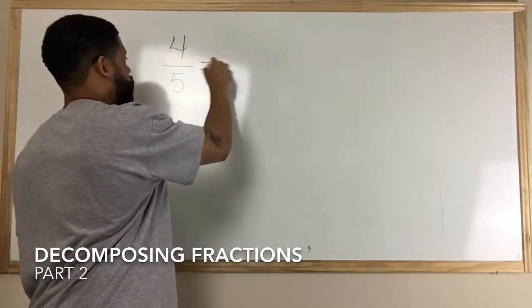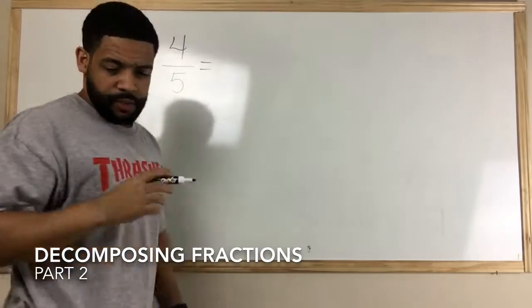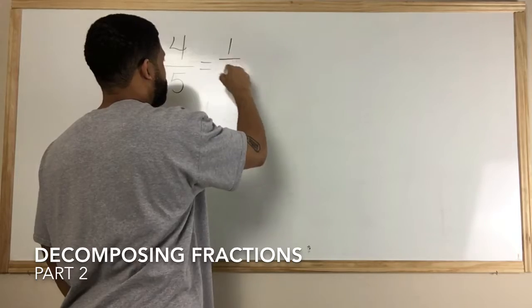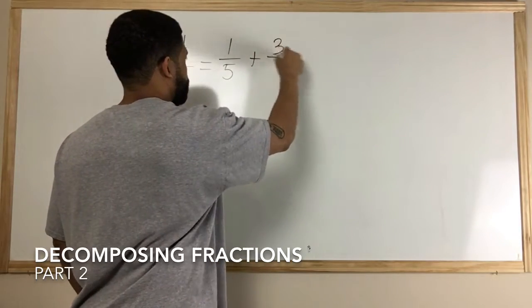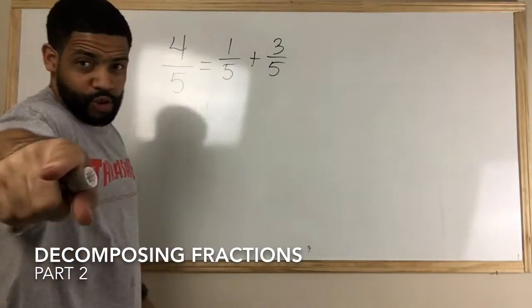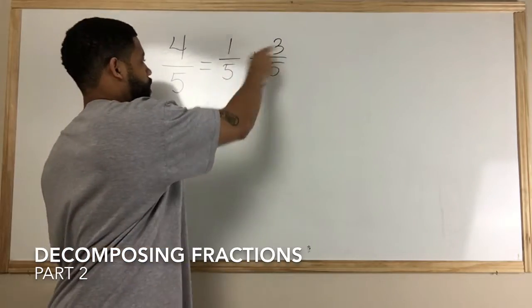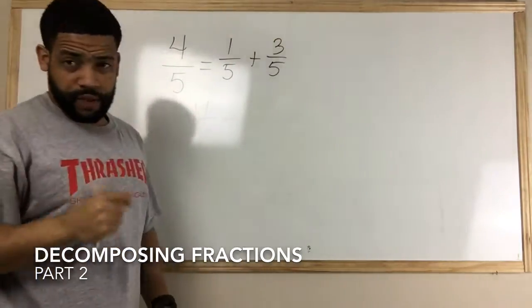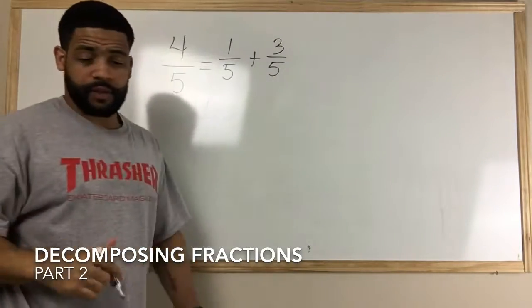So one way that I could do this is I could simply say 1/5 plus 3/5, all right? Since they have the same denominator, 1/5 plus 3/5 is going to give me 4/5, okay?